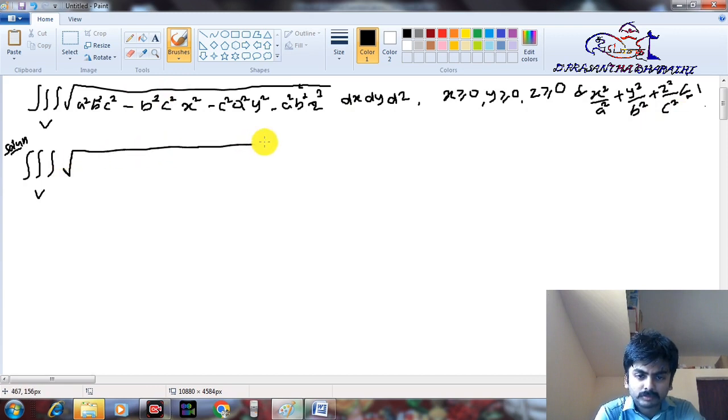So now to make this simple, I am taking root of a square, b square, c square outside.